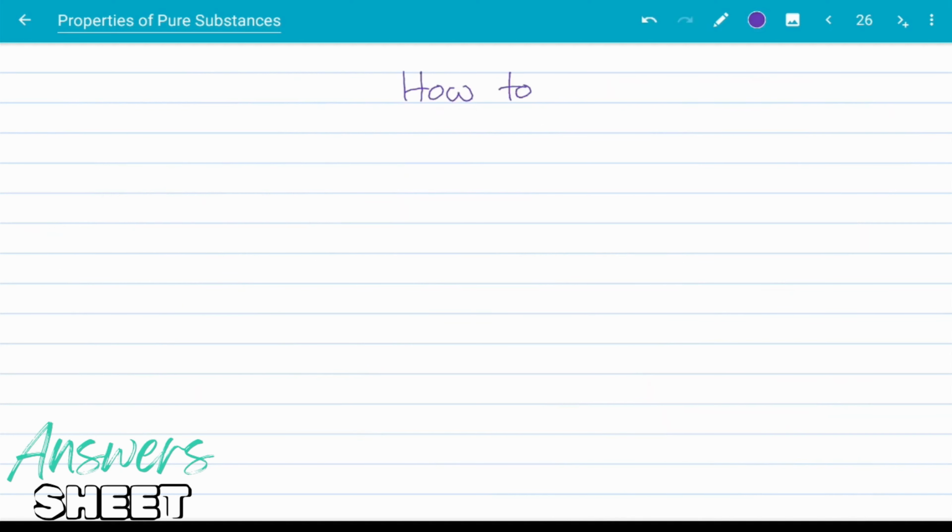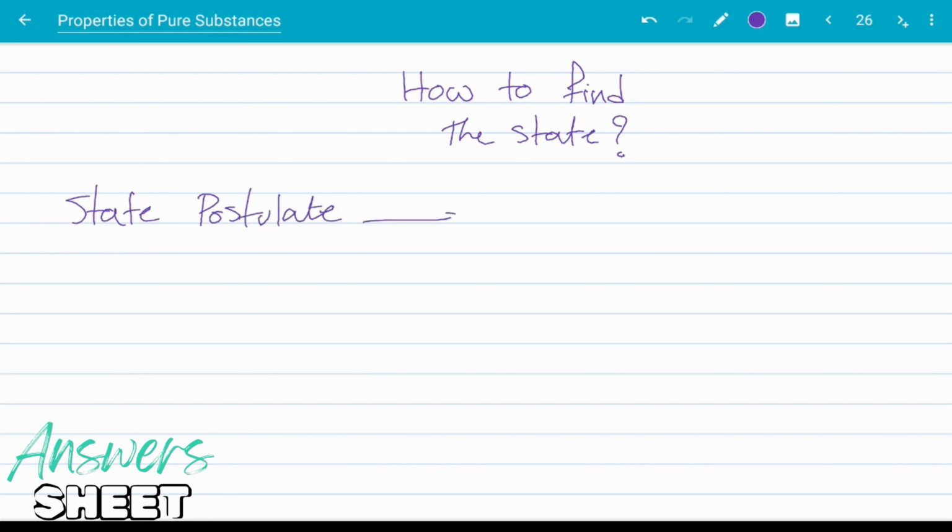Okay, but how to use these tables? How to find the state of our system? Now, it's kind of easy. You just need to remember the state postulate. The state postulate says we need two intensive and independent properties to pinpoint the state of our system.